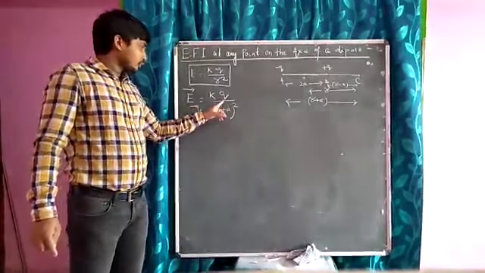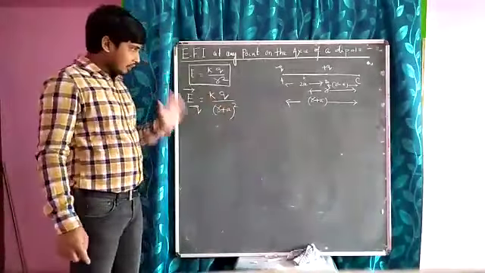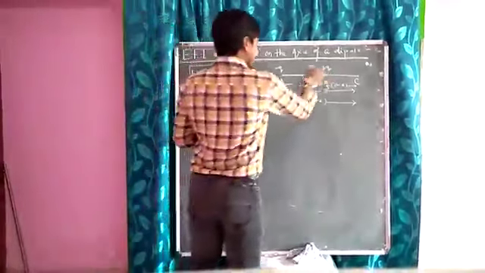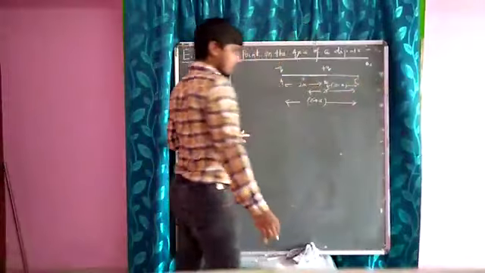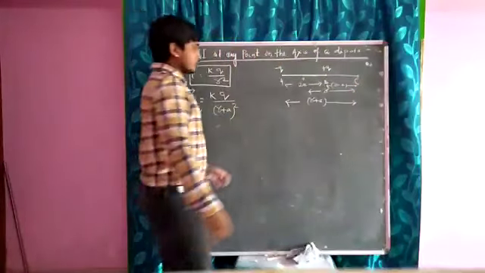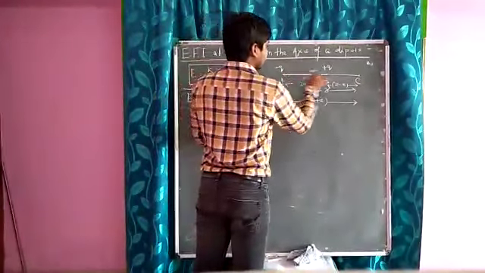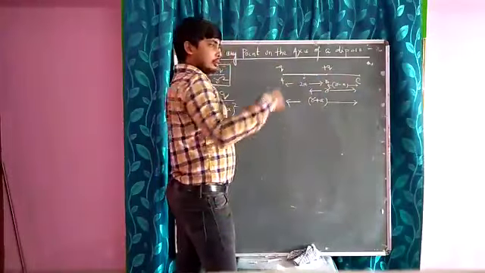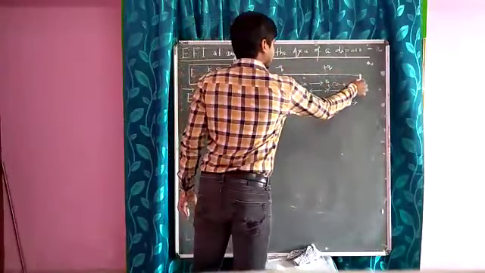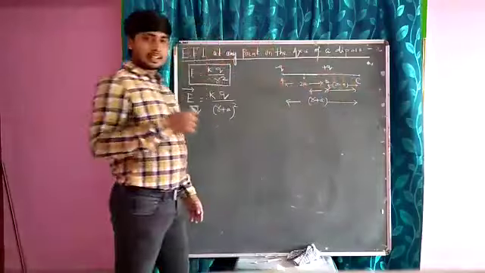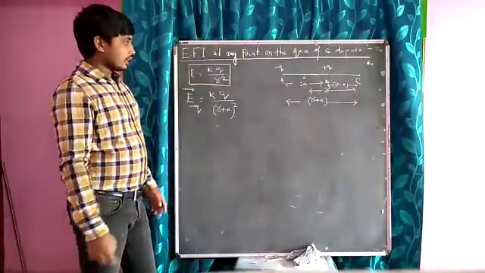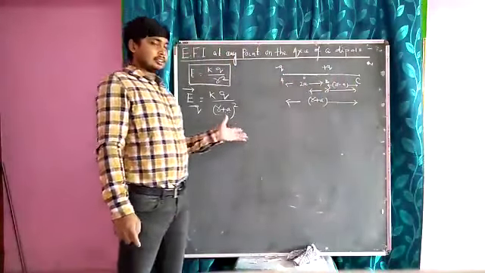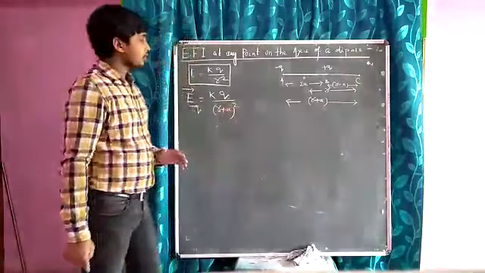Hence, we have to use a unit vector. Let this be our x-axis. So moving from A to C is our positive x-axis, and moving from C to A will be our negative x-axis. And we know that along the x-axis our unit vector is i cap.